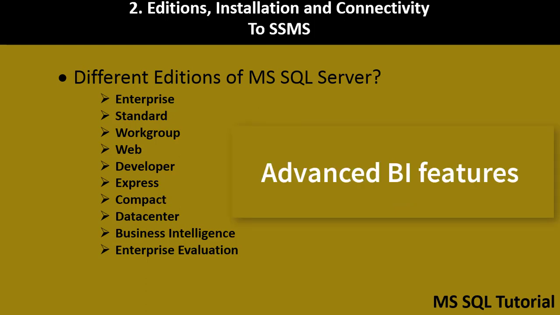Business Intelligence Edition is a new introduction in SQL Server 2012. This edition includes all features in the Standard Edition and supports advanced BI features such as Power View and Power Pivot, but it lacks support for advanced availability features like Always On availability groups and other online operations.